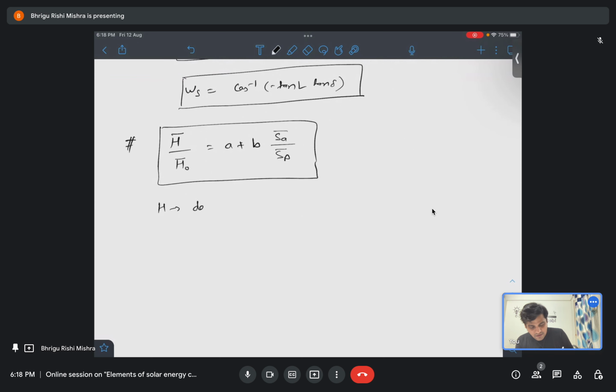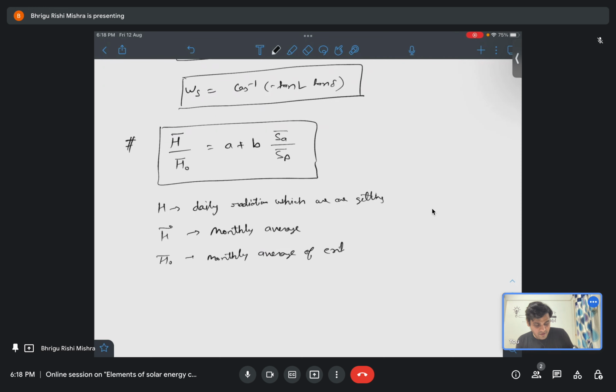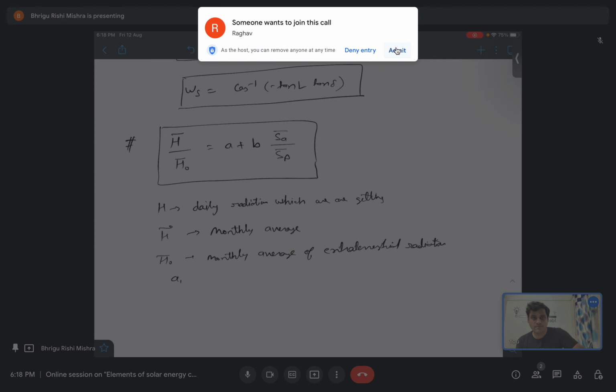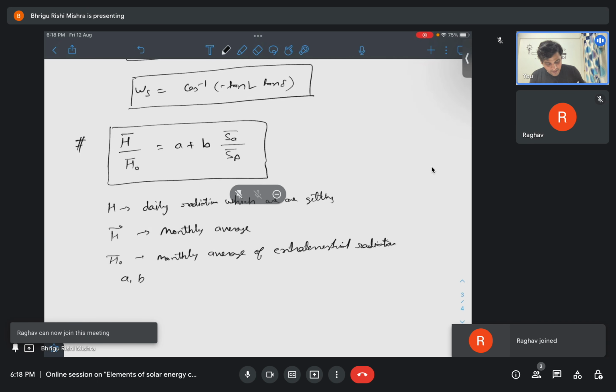Here h is the daily radiation which we are getting, h bar is the monthly average, h naught bar is the monthly average of extra terrestrial radiation, a and b are constants.